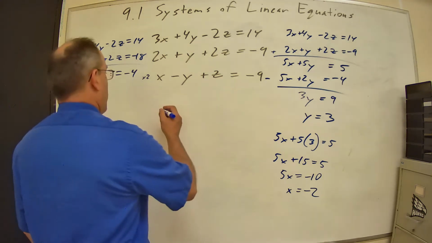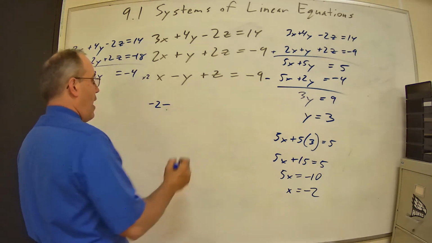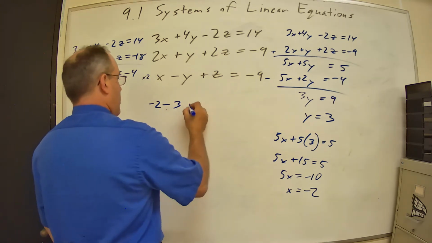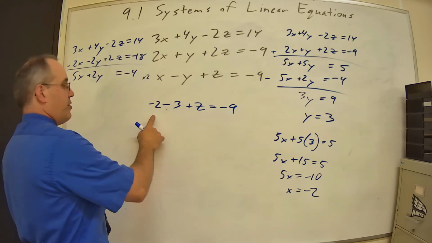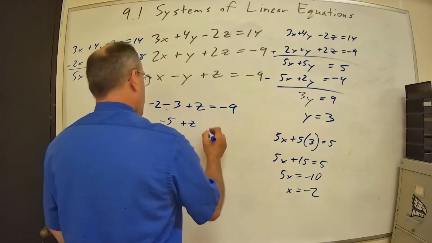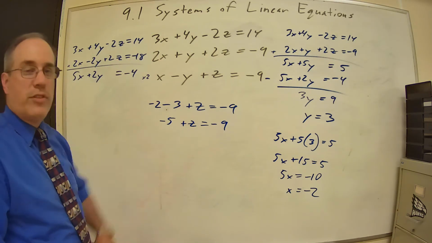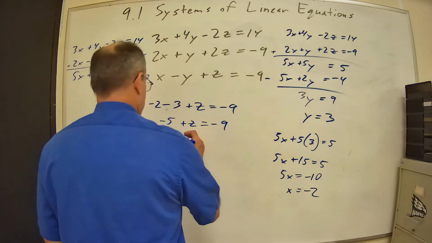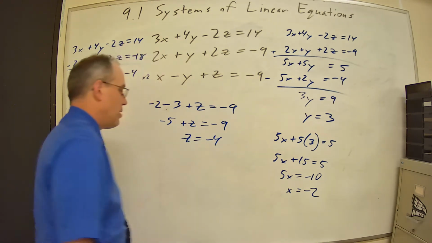So I'm going to go x is negative 2 minus y, which is 3, plus z is equal to negative 9. Negative 2 minus 3 is negative 5, plus z is equal to negative 9. I add 5 to both sides, and z is equal to negative 4.